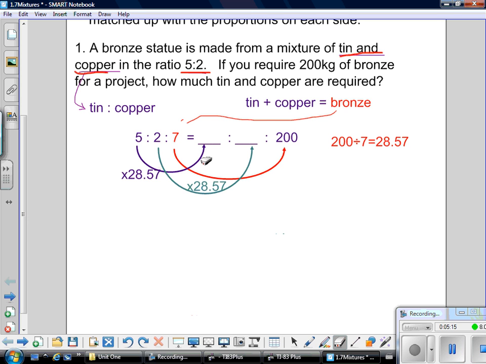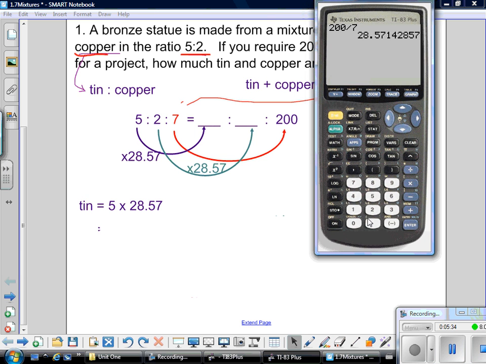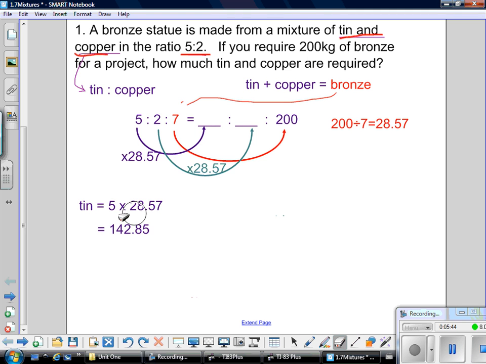Because these numbers are a little larger, sometimes on a word question I write it out: tin I'm finding, so the tin equals 5 times 28.57. I bring up my calculator and go 5 times 28.57, and up comes the answer of 142.85. I write that down.